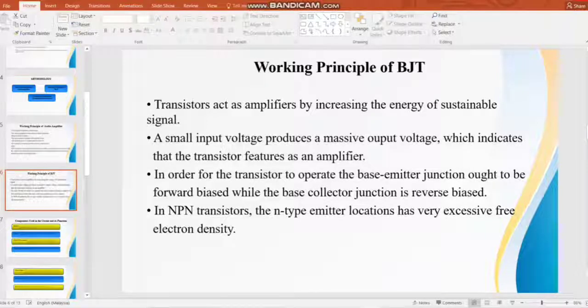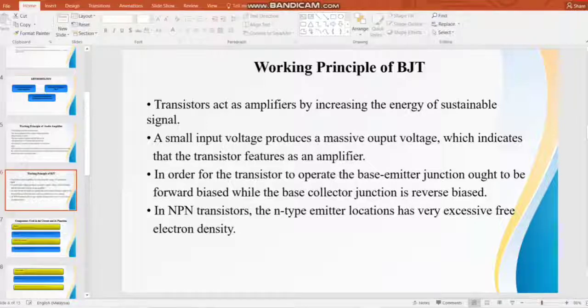In the BJT, the transistor acts as an amplifier by increasing the energy of the signal. A small input voltage produces a massive output voltage, which indicates that the transistor features as an amplifier.